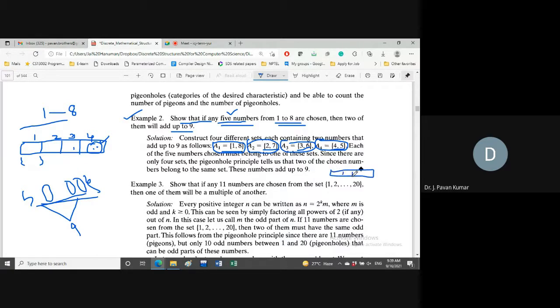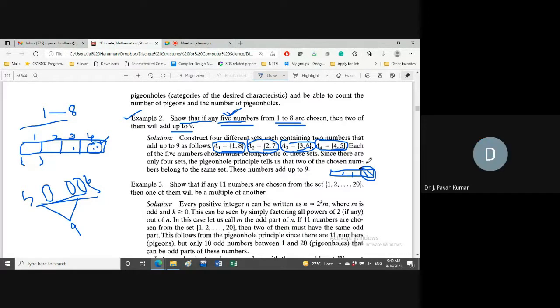Now how many pigeons do we have? Five. So at least one pigeonhole will contain more than one, right? Yes, sir. This is evident from the pigeonhole principle. If we have more than one in one pigeonhole, for example whenever 4 or 5 is there, we put it in that particular one, so those two will sum up to 9.